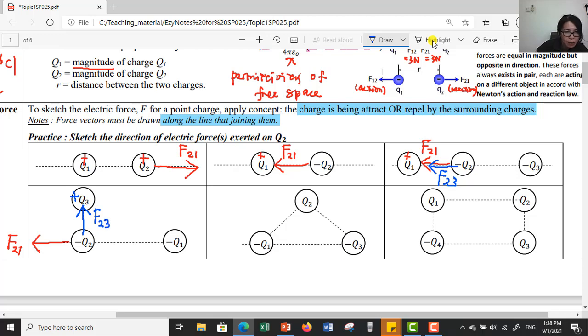Itu attraction force. So, Q2 akan rasa dua forces lah. Satu datang dari Q1, satu datang dari Q3. Okay. So, kita try yang ni pula. You boleh postkan video kalau you nak cuba lukiskan dulu. Okay, so kita tengok sekali lagi kita nak cari force acting on Q2.